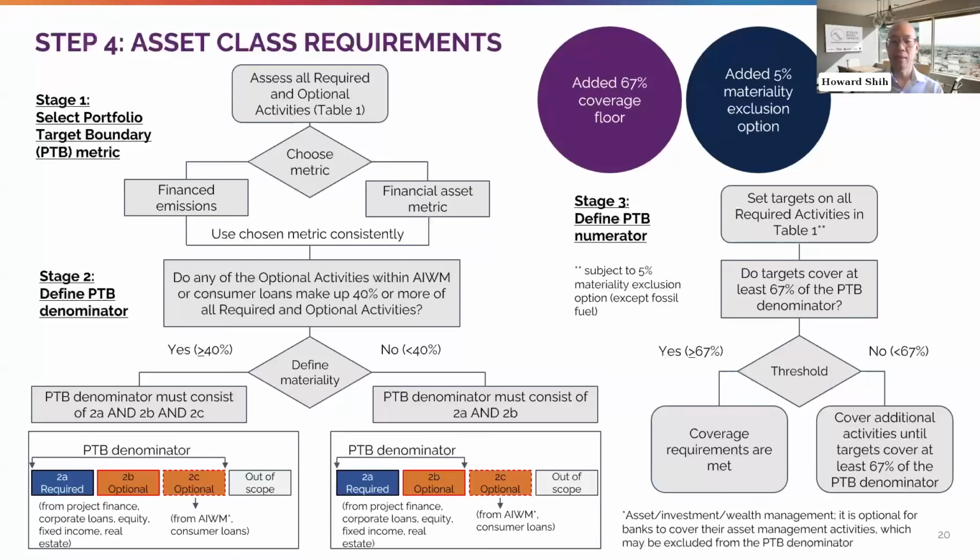And then after that, they'll need to check across their portfolio target boundary if the targets there cover 67% of the portfolio target boundary. So it's kind of a two-step process where one, you have asset class specific requirements, and then now we also have this kind of cross portfolio minimum coverage requirement.